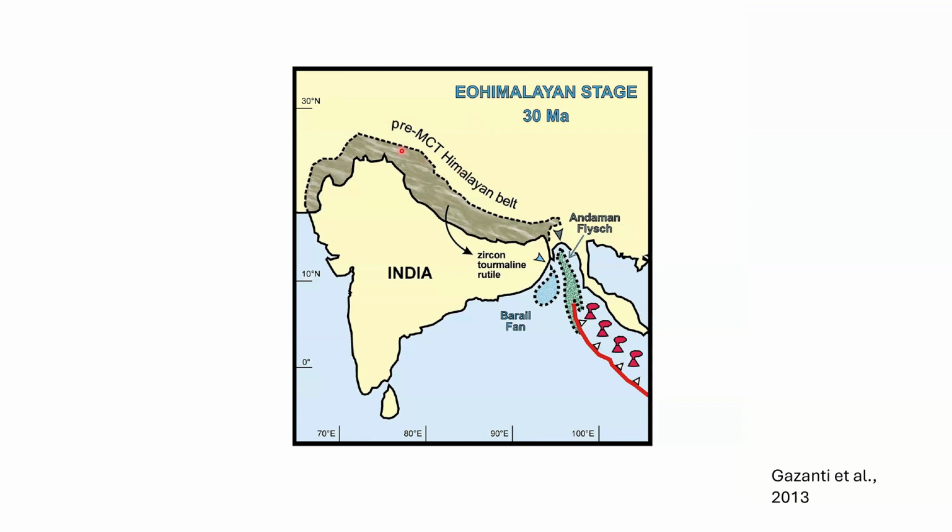By this time, the main Himalayan belt is rising due to the collision. It's shedding sediment off to the east, and we have the predecessor to the Bengal fan starting to form. Another rock unit, the Andaman Flysch. These are sedimentary rocks of this age, 30 million years, that are exposed in the Andaman Islands.